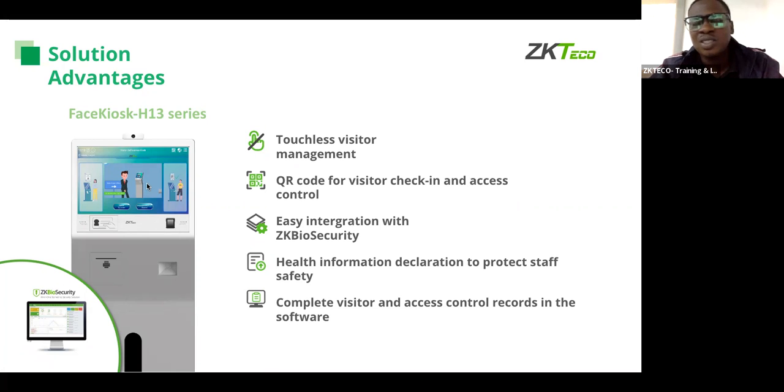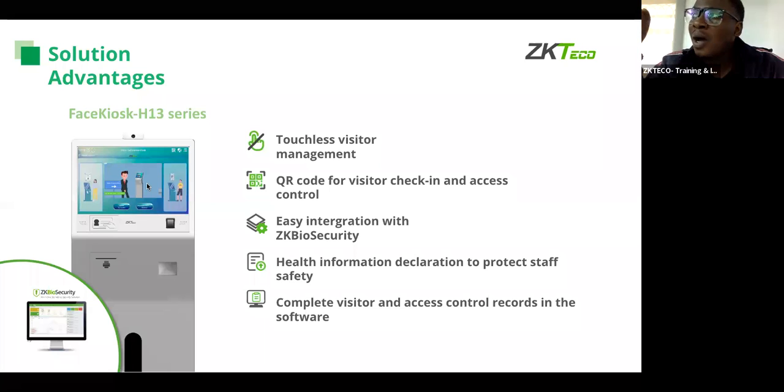You can say FaceKiosk is a registration device that pre-registers a visitor temporarily, so you can now gain entry into the environment. You can also set it on ZKBiosecurity such that you can set authorization levels. By authorization levels, I mean access levels, such that your visitor is only meant to go to that particular point that you're giving them access to. So that's just it.